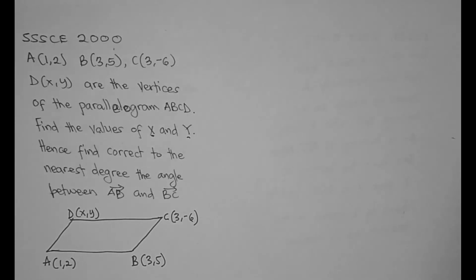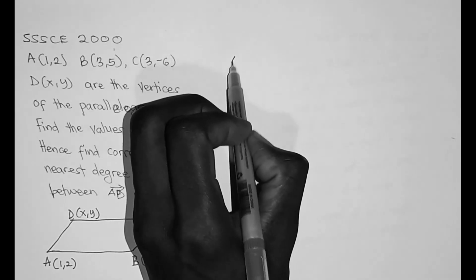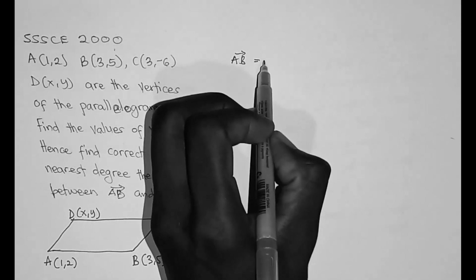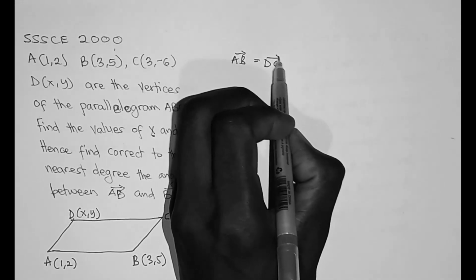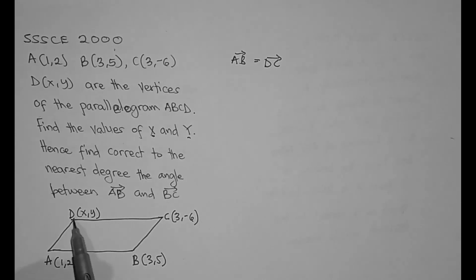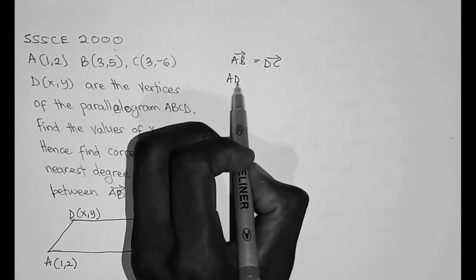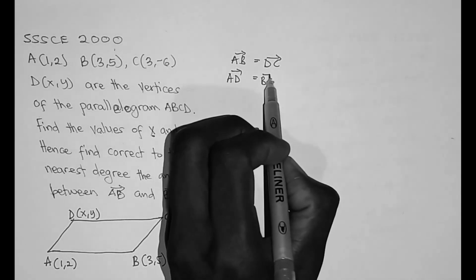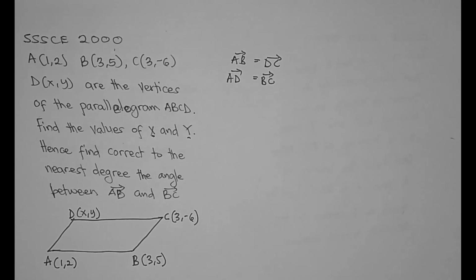But since it is a parallelogram, the vector AB is equal to this vector DC, and also the vector AD is equal to the vector BC. These are the special properties of this parallelogram. They are equal because they are parallel vectors. Parallel vectors have equal gradients.